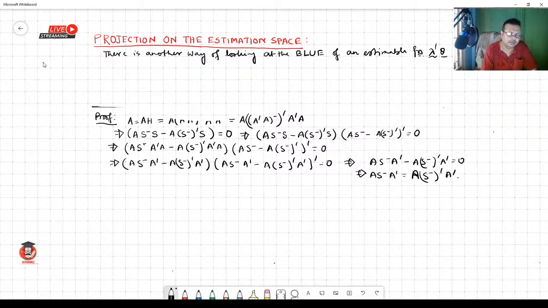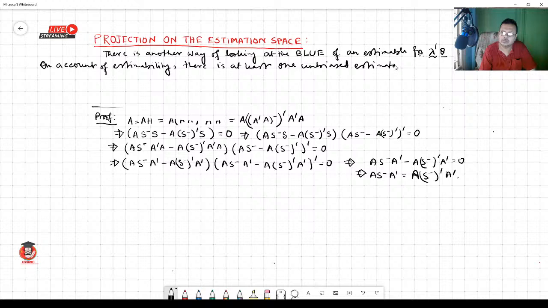On account of estimability, there is at least one unbiased estimate A curl prime y curl of lambda curl prime theta curl.